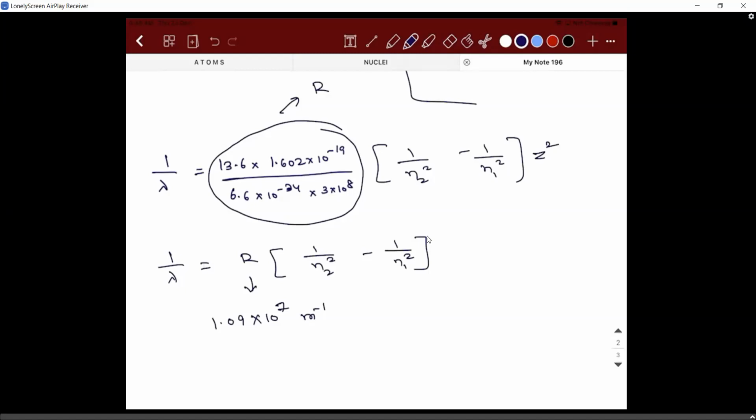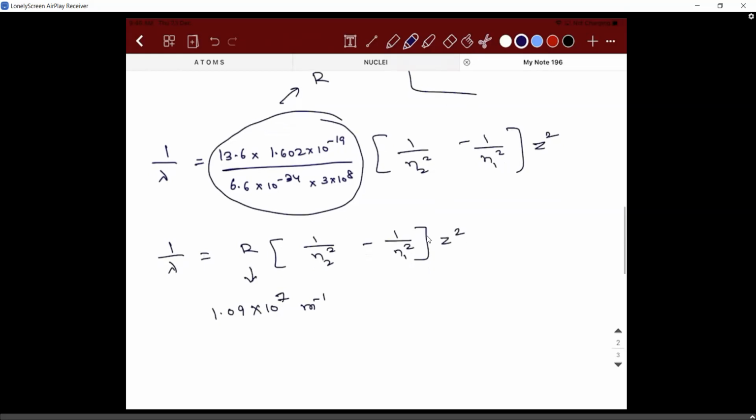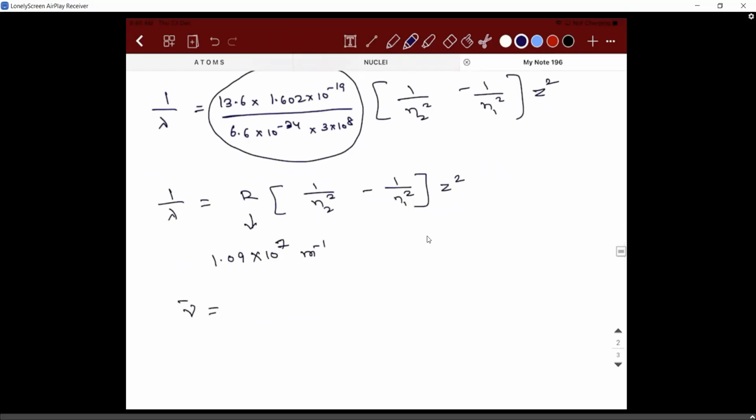So there are two things we are continuously calculating. One is wavelength, and there is something called 1 by lambda. What is the reciprocal of wavelength called? Wave number, right? So can I write wave number is equal to R into 1 by N2 square minus 1 by N1 square into Z square?